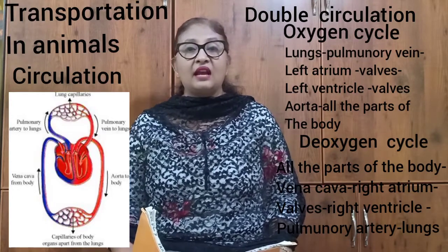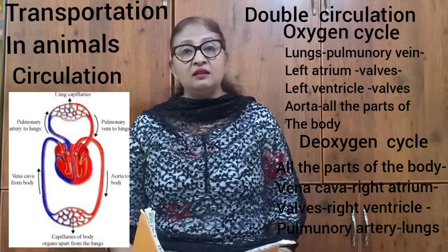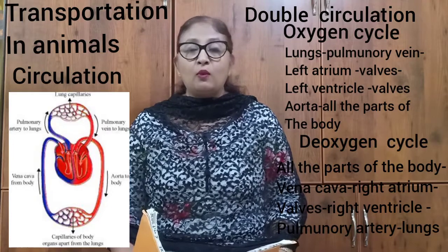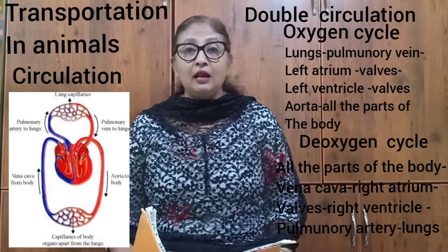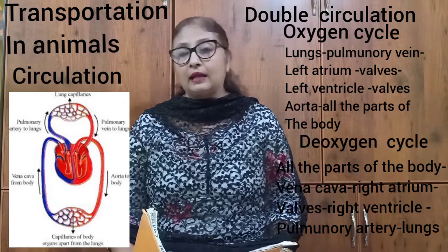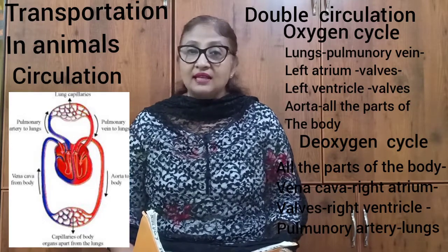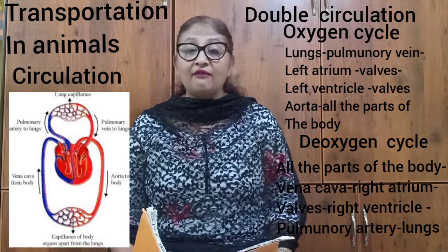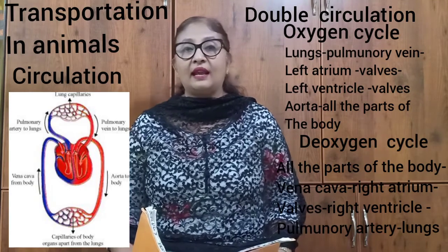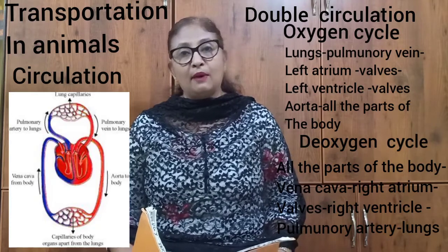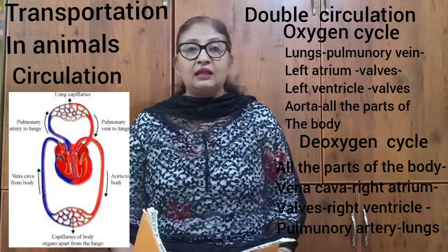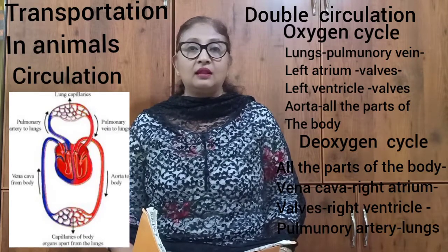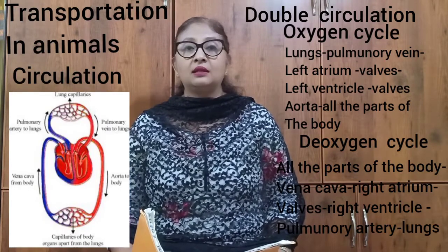This carbon dioxide rich blood is then taken to the lungs from the right ventricle by a blood vessel known as pulmonary artery. It is known as pulmonary artery because it carries blood away from the heart, though it carries carbon dioxide rich blood. With this, the deoxygen cycle is also over. Thus, the blood enters the heart twice.